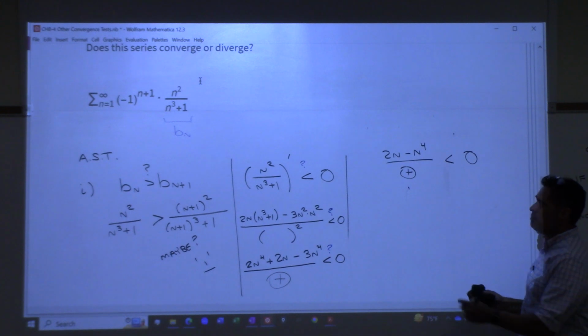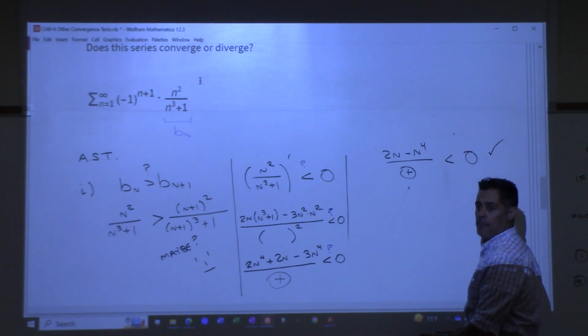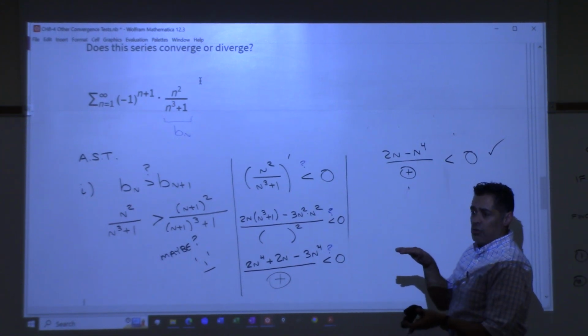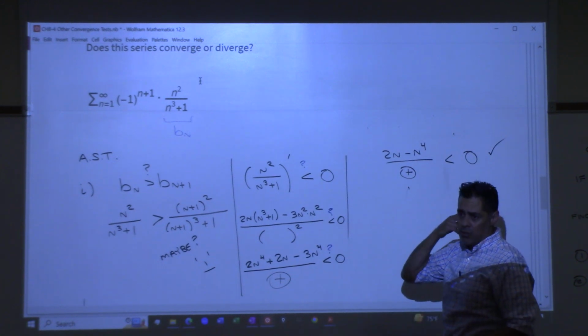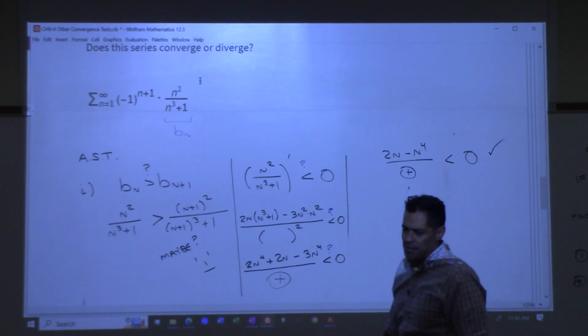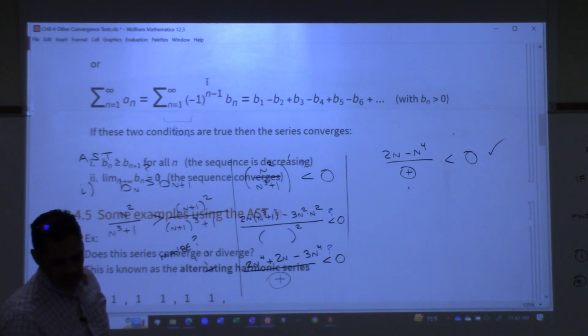Yes? First condition's true. Why isn't it always acting negative? Because what you're trying to show is that eventually you have the inequality hold. I think in my notes I say eventually because the book doesn't say eventually, which is confusing.